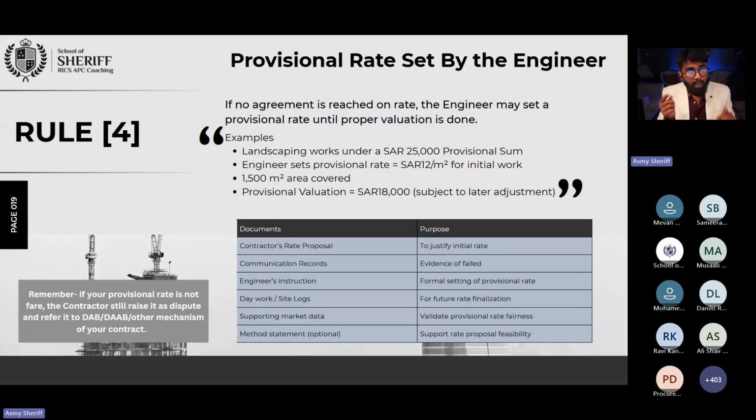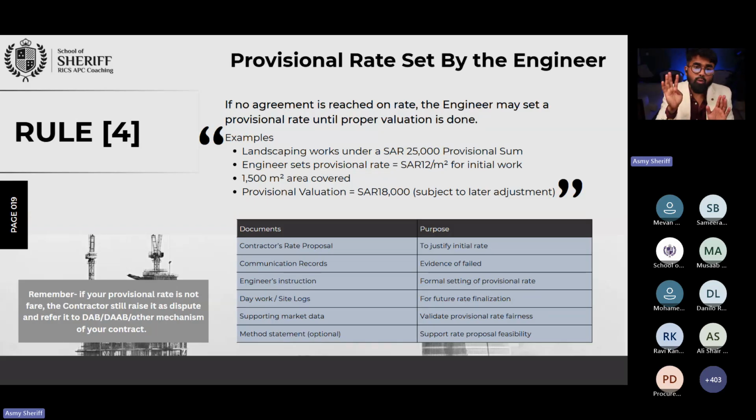So make sure, as an engineer, you justify it. Collect all the communication evidence to make sure that your rates are right, make sure that you have an engineer's instruction, that you correctly evaluated it, and that you have all the supporting proposals or market quotations that you collected. Be very careful about it.